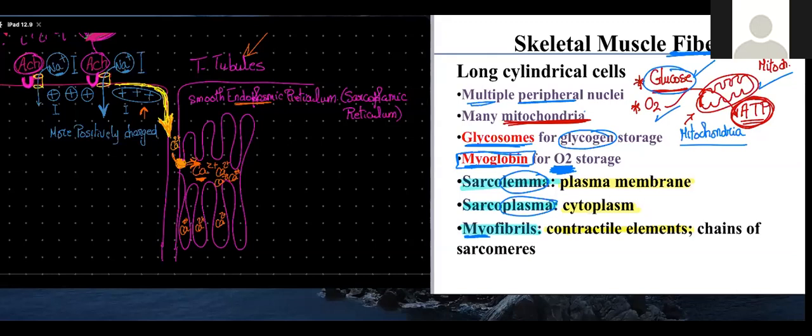And when we discussed the function of the smooth endoplasmic reticulum, remember the function was different between different organ cells. For example, in the liver, it was responsible for the detoxification of toxins and the storage of fat. But here, what was the function of the smooth endoplasmic reticulum in the muscle cells? It was to store calcium.